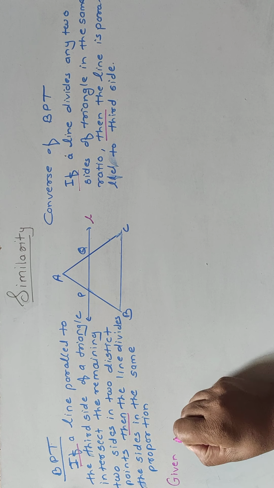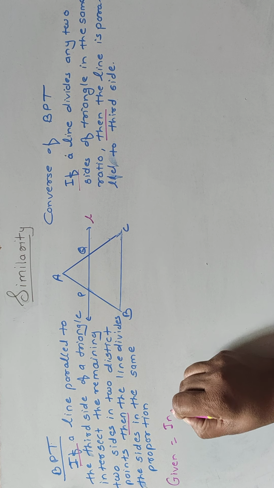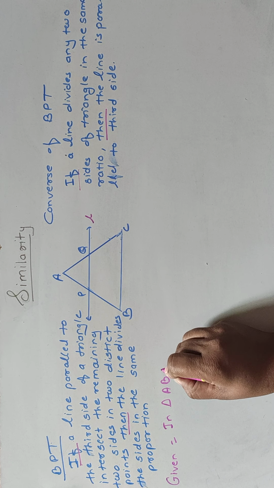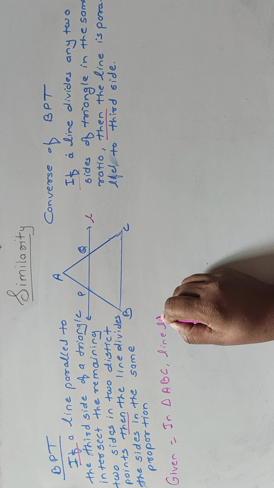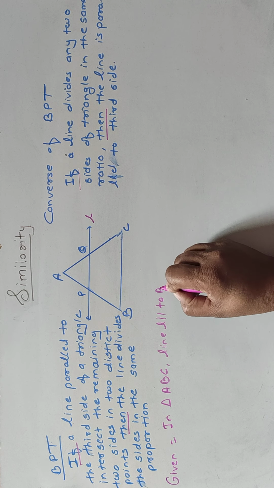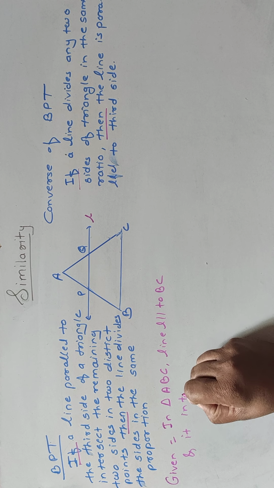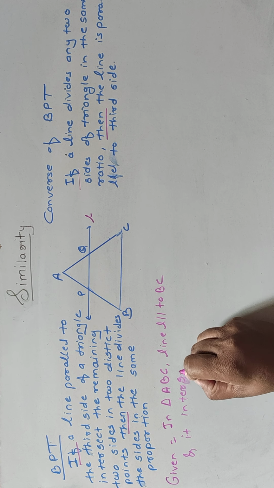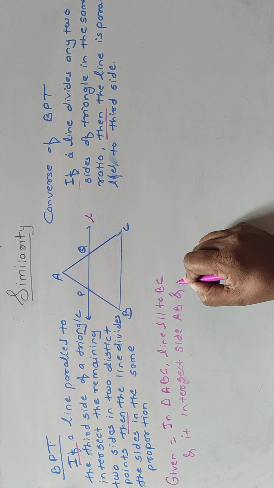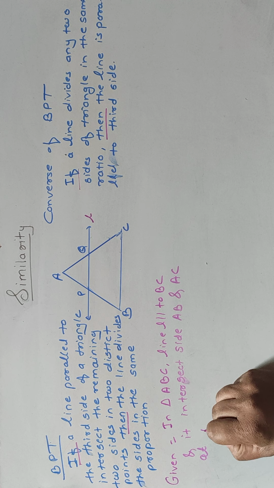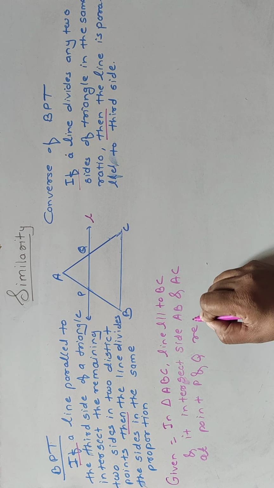The given for this statement is triangle ABC, line L parallel to BC, and it intersects sides AB and AC at points P and Q respectively.